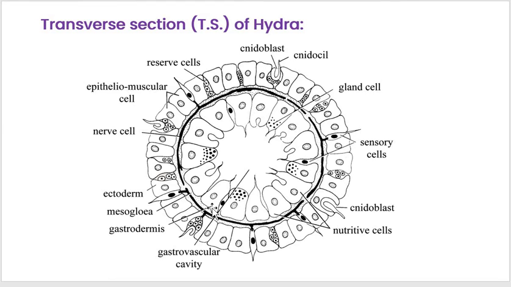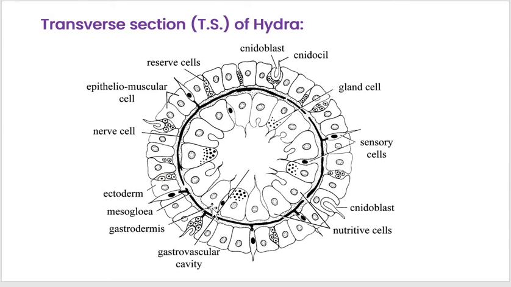Now there are various types of cells present in this epidermal layer: epitheliomuscle cells, gland cells, interstitial cells, cnidoblasts, sensory cells, nerve cells, as well as germ cells. All these cells are present in the first layer of the transverse section of hydra, that is in the epidermis.